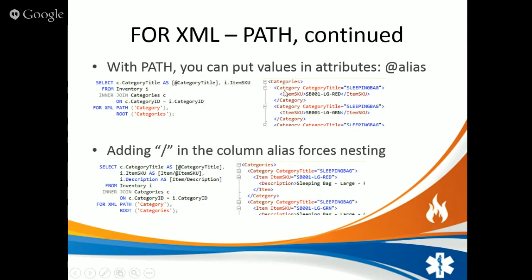In the results, we have our path aliased as category. So the category node has a category title attribute and an item SKU node in it, with the item SKU as an element, since we used path. I'm guessing if you use XML raw or XML auto, it would put it as an attribute as well.